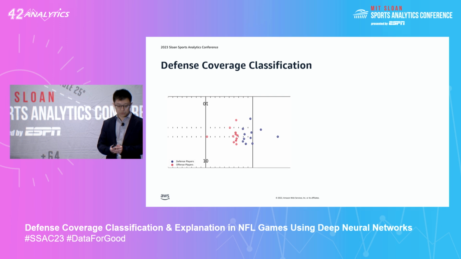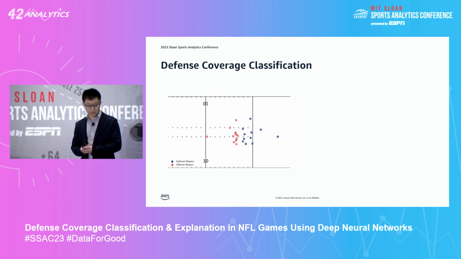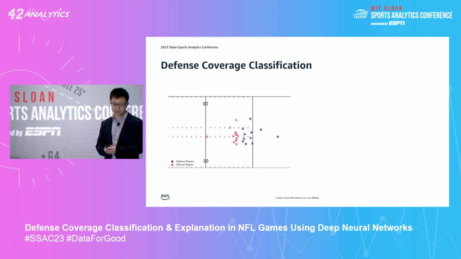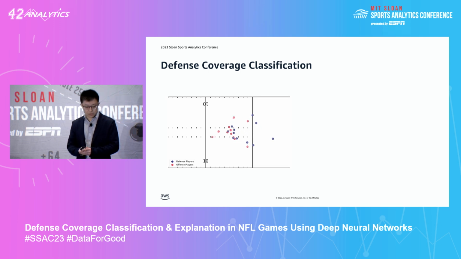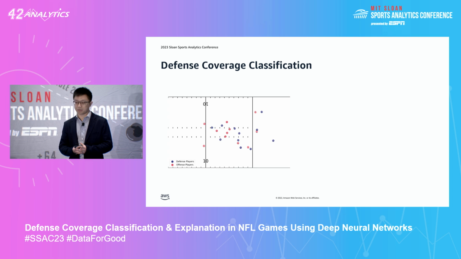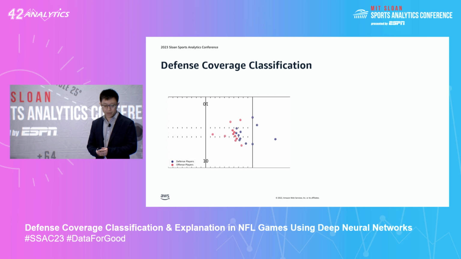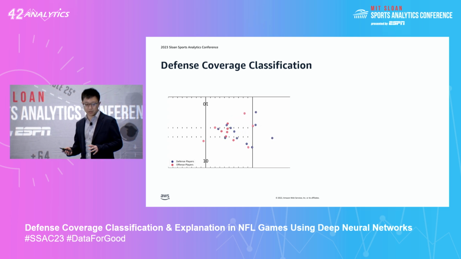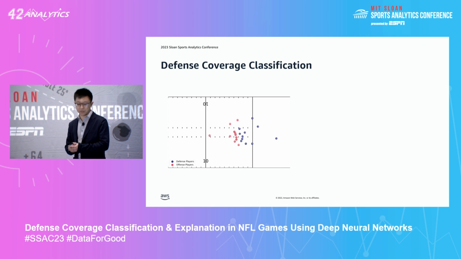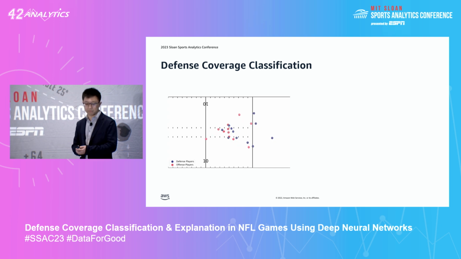The red circles represent the offensive players, and the blue circles represent the defensive players. And this is how they line up before the play. And once the play starts, because we have the tracking data of the players, their location, speed, and acceleration, we can visualize them in this way. But the play is usually very short. There's a lot of temporal dynamics happening in the short duration of time.